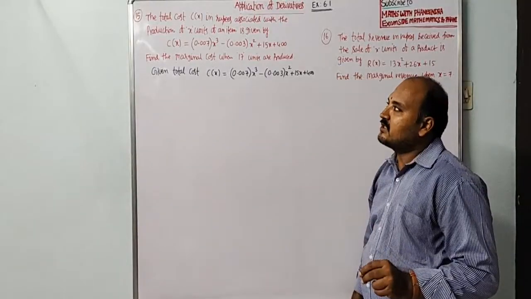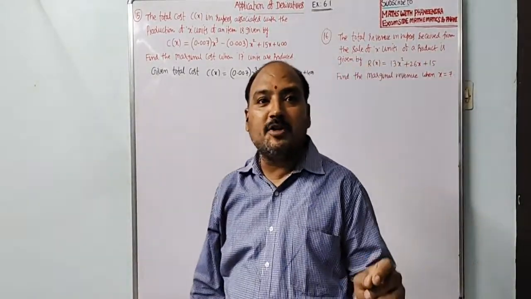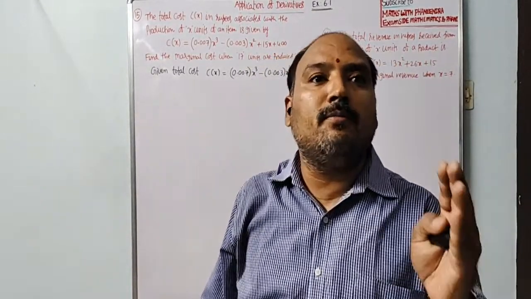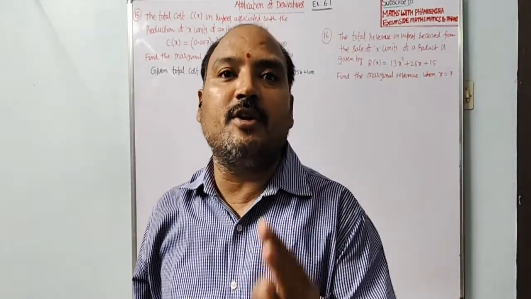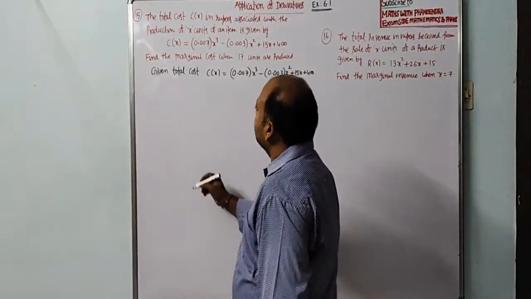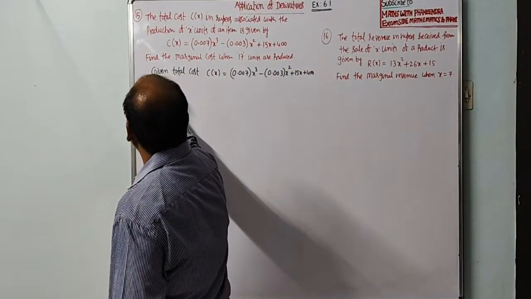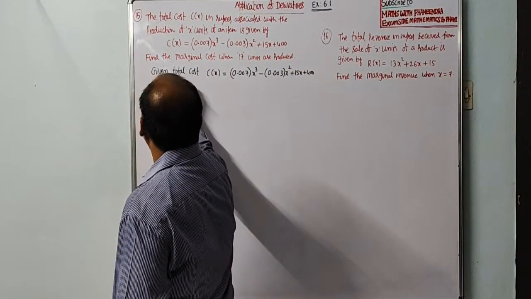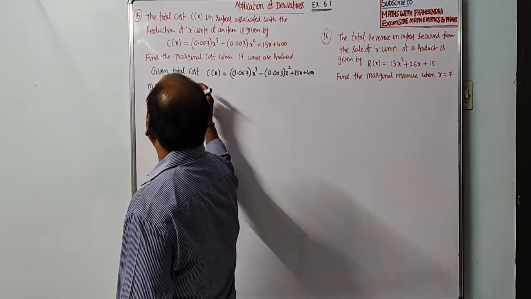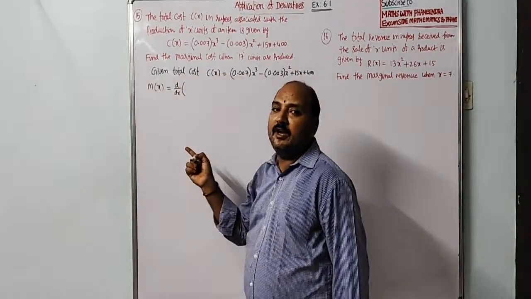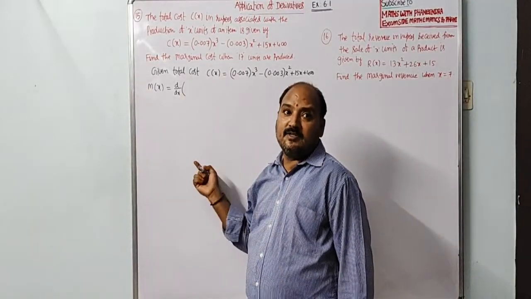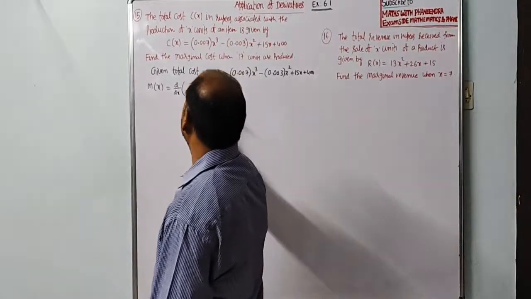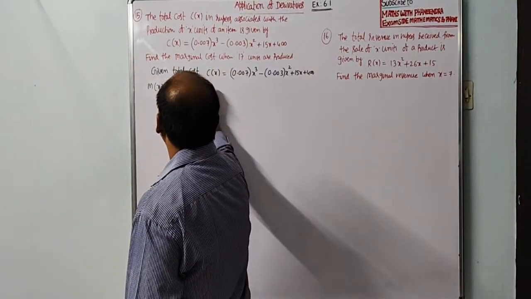So total cost is given. They are asking to find marginal cost. If you want to get a marginal cost from the total cost, you have to differentiate. So marginal cost equal to m of x equal to d by dx of C of x. If t is there, d by dt; if x is there, d by dx; if y is there, d by dy. Like this you can take, students.